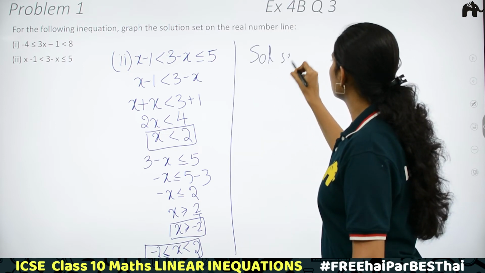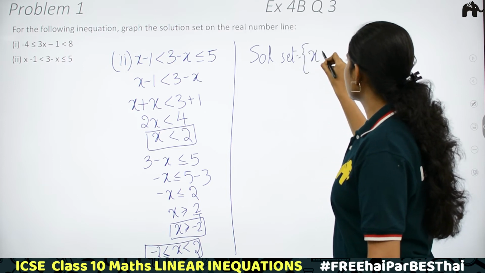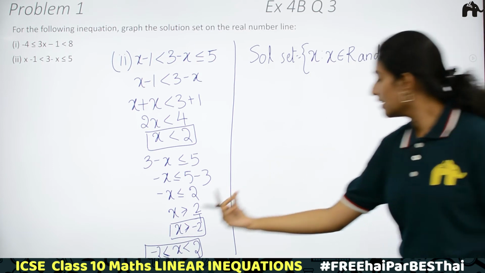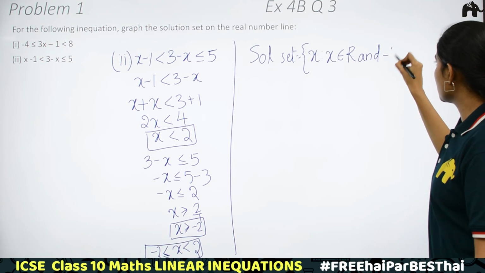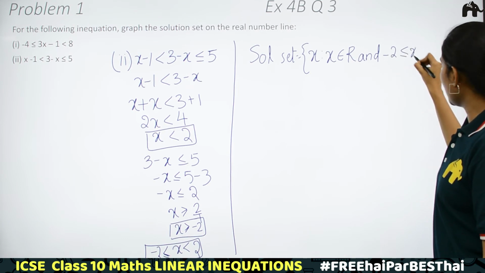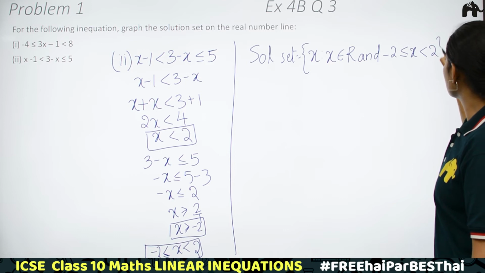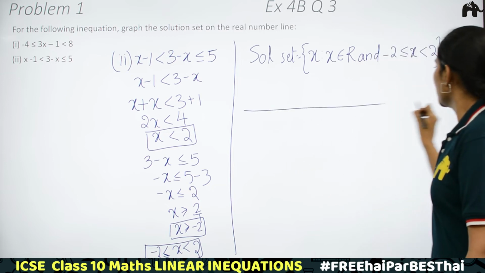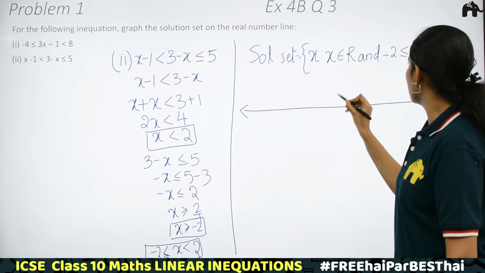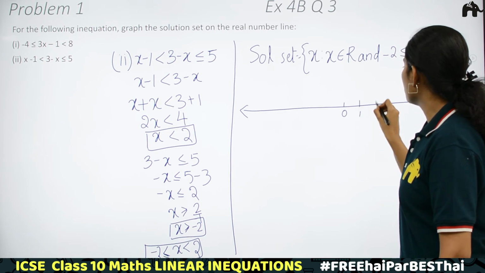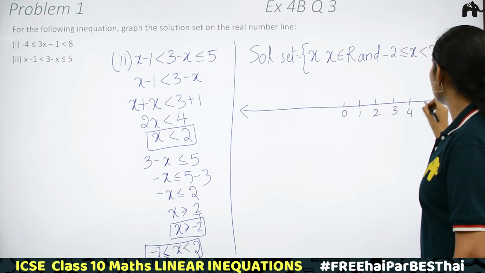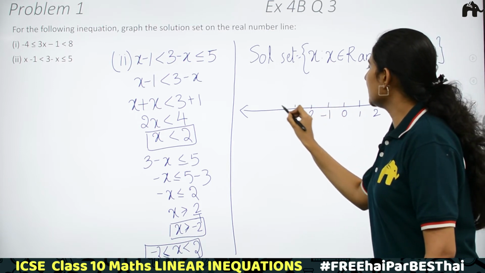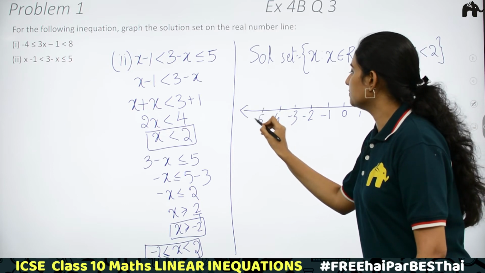Solution set is equal to x such that x belongs to real numbers and the condition we obtained, that is minus 2 less than or equal to x less than 2. So, we can easily represent this on the number line. Draw a number line. Take points 0, 1, 2, 3, 4, 5, minus 1, minus 2, minus 3, minus 4, minus 5.